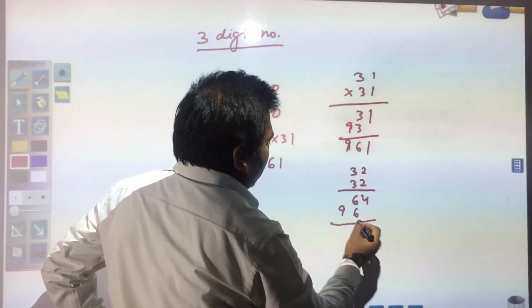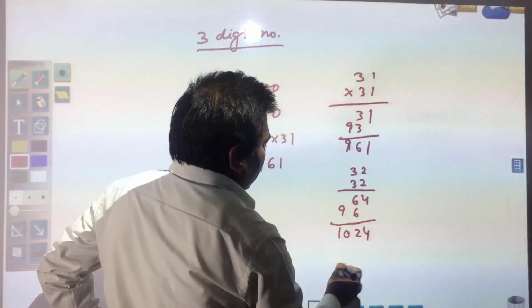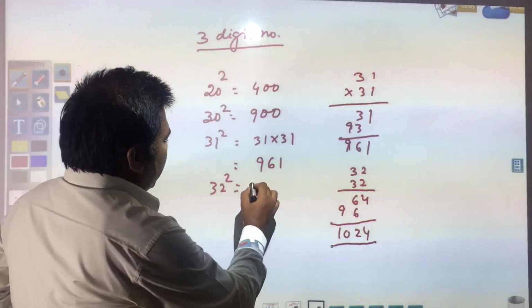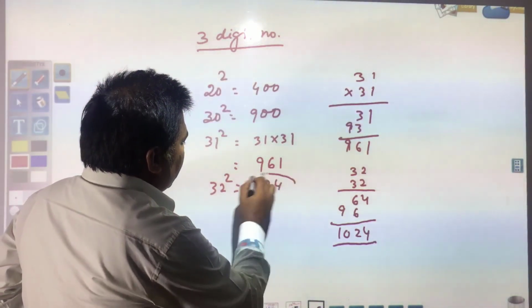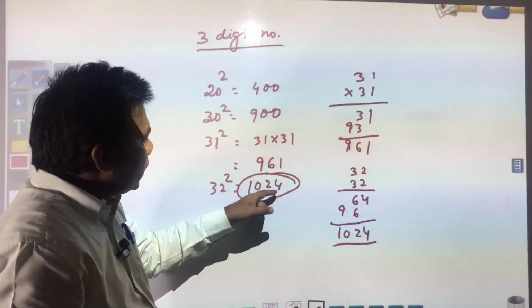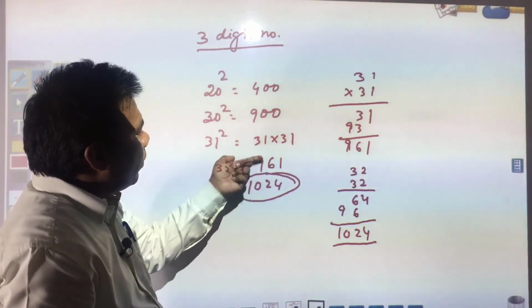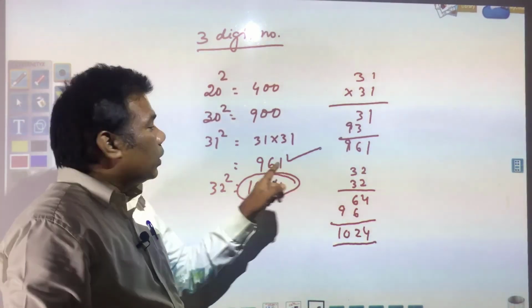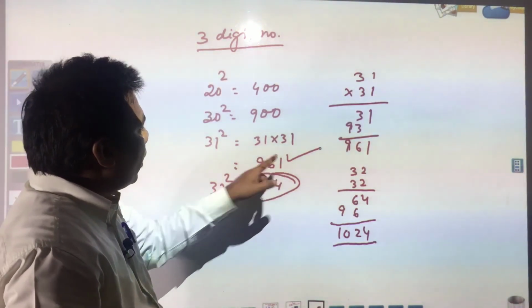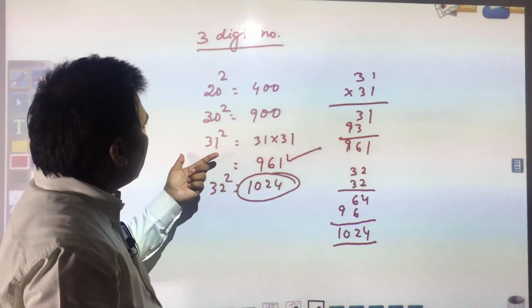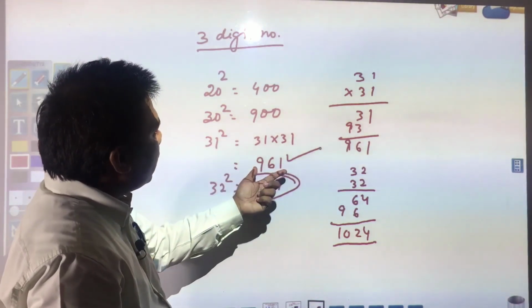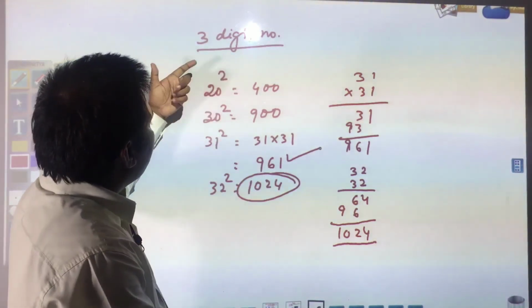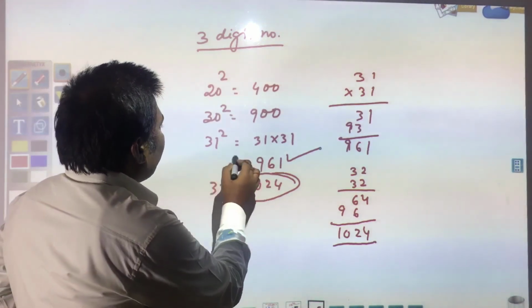You see 4, 12 and 10, 1024. It means this is a 4 digit number. So just before this number, a perfect square you are getting is 961. So this is the perfect square of the largest 3 digit number. Suppose you see, this is a perfect square of 31.